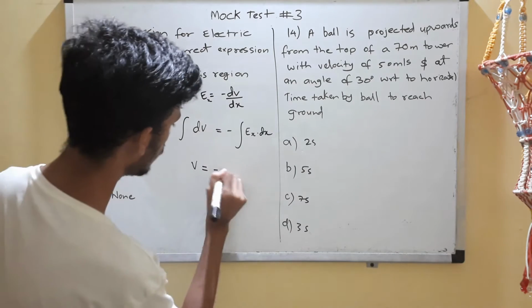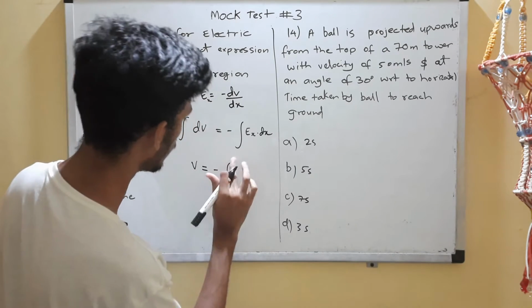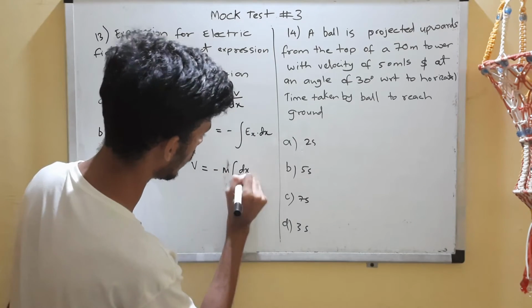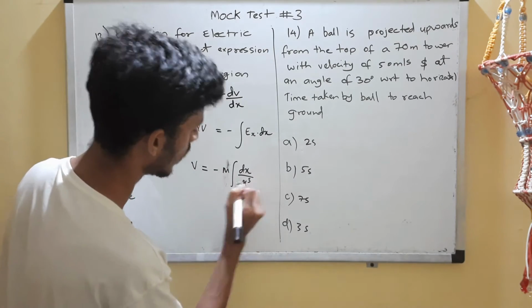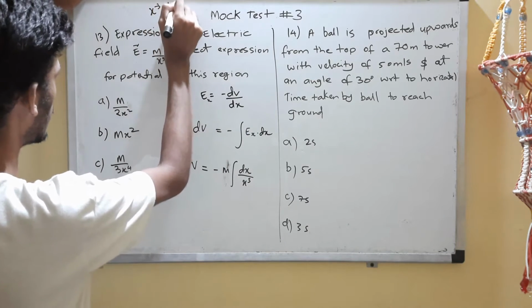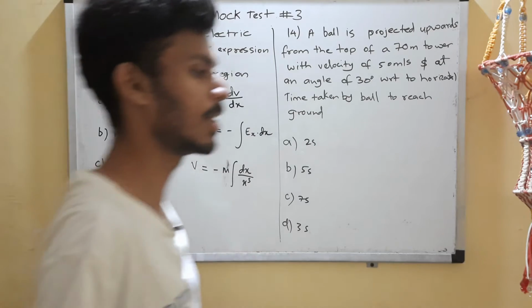Now the integral, if you see, it is m by x cube. M is a constant over here, so it will come out, and dx upon x cube. Okay, you can just imagine this as x to the power minus 3 dx. Okay, you can use the n plus 1 rule.